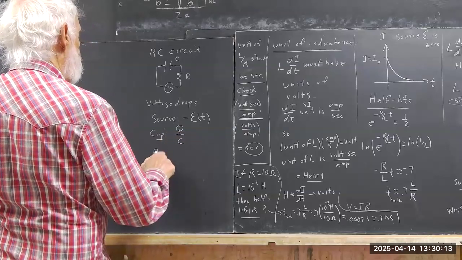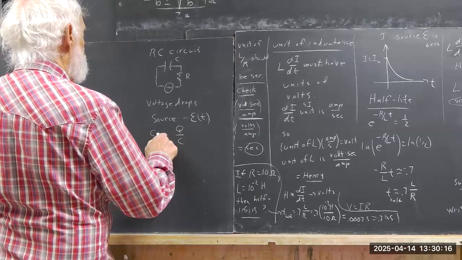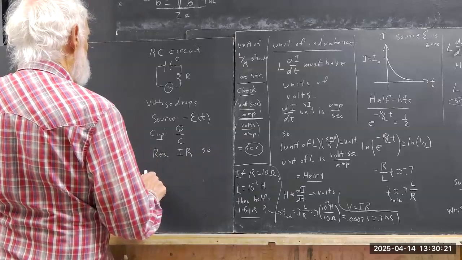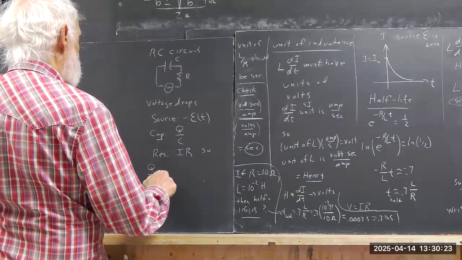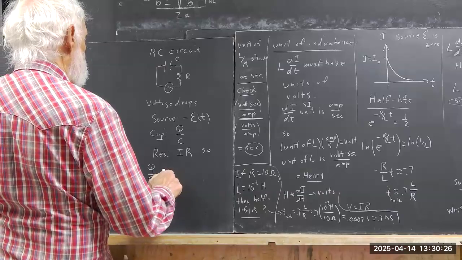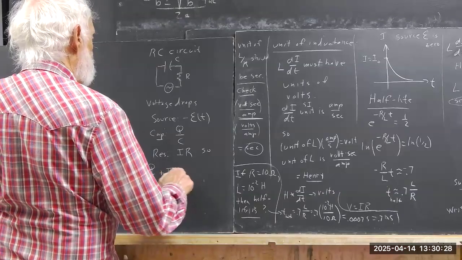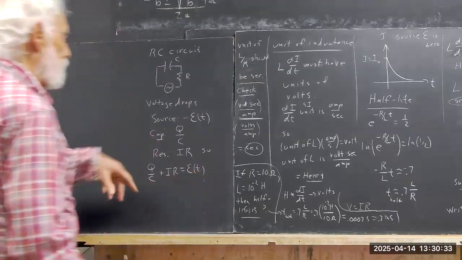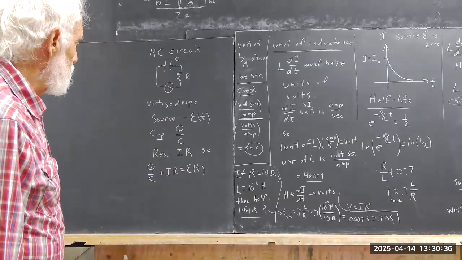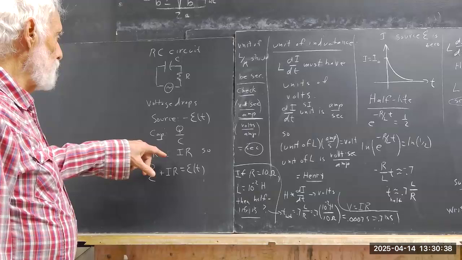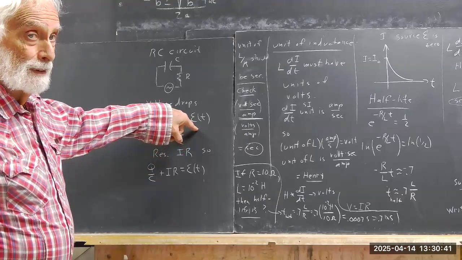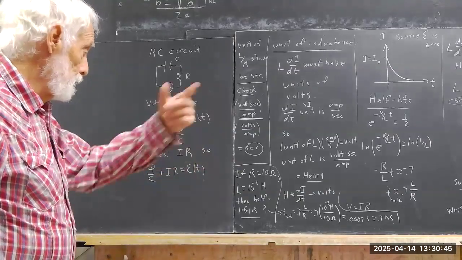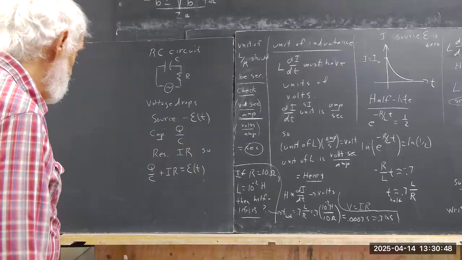Across the capacitor it's Q over C. Resistor, it's IR. So the sum of the voltage drops is zero. So we could write Q over C plus IR minus your EMF equals zero. Add EMF to both sides and we get this.